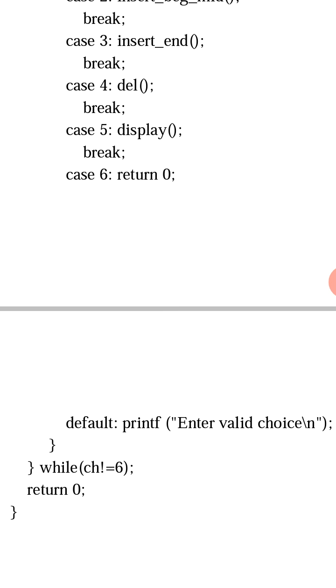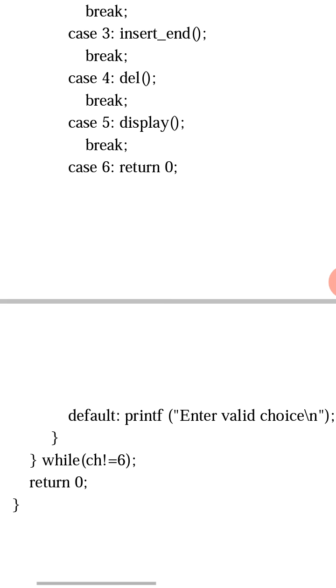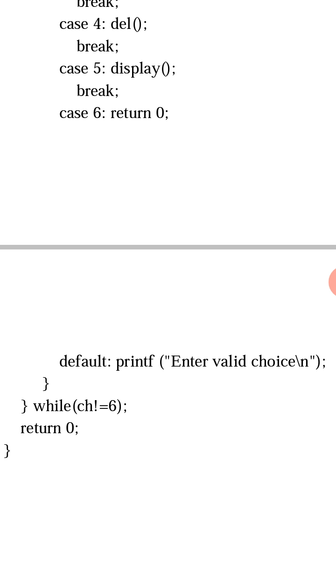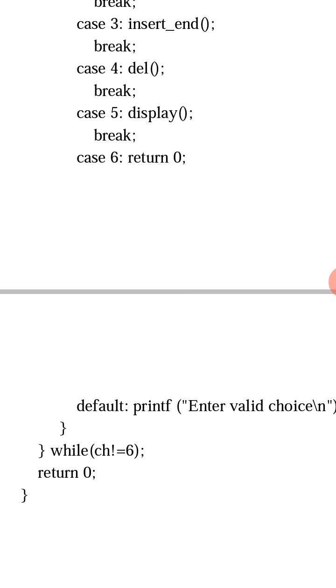Case 6, return 0, nothing we need to perform. If the user enters a value other than 1 to 6, then we need to display an error message, and for that, in the default section I am printing enter valid choice, and again the menu will be displayed. From that, the user needs to enter his input. This program will execute until the user enters the value 6. As soon as the user enters the value 6, the program will be terminated.